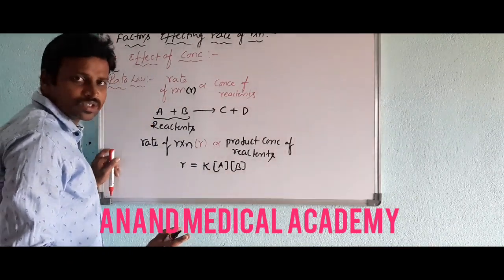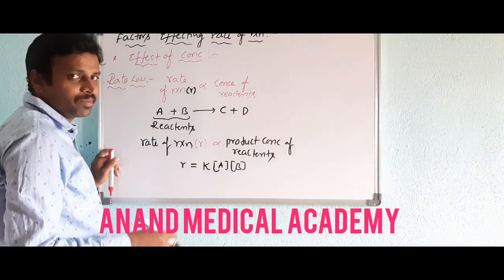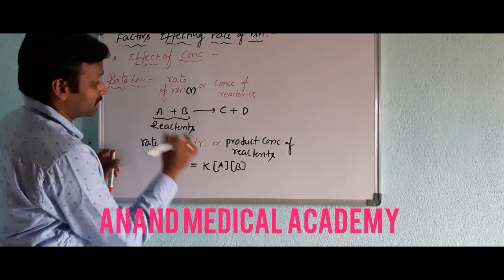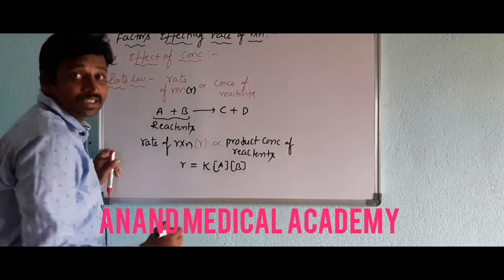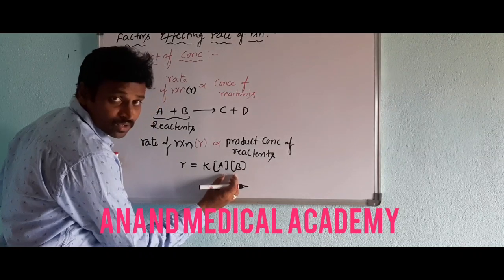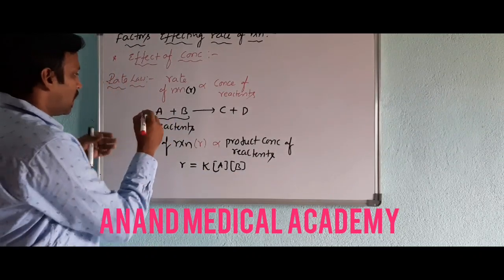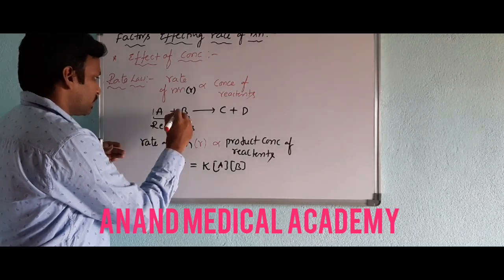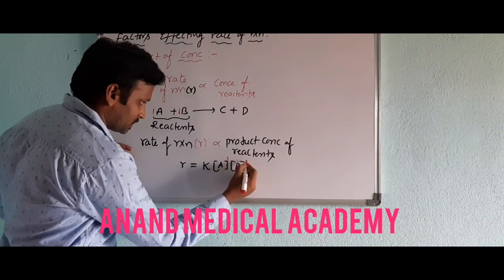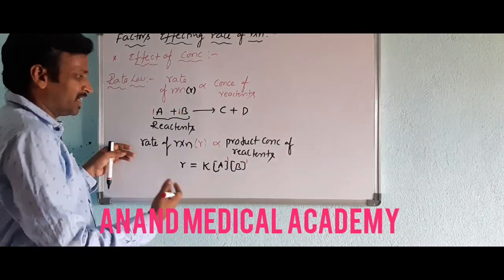Definitely this is not a new concept. As I told you, in first year chemical equilibrium we learned the same. Here how many moles are there is also very important. 1 mole and 1 mole; those you have to take as powers. Here 1 is there, so there is no difference.